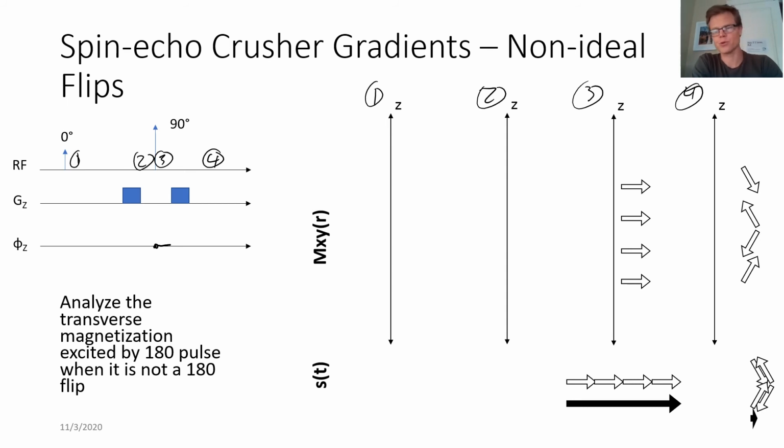And then we're at time point 3 where we've tipped our net magnetization into the transverse plane. And then this additional gradient introduces some phase across the Z direction. And so we're also going to spoil or crush this component.